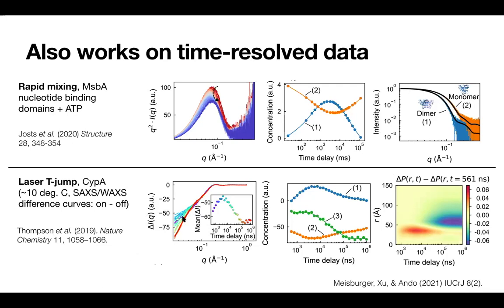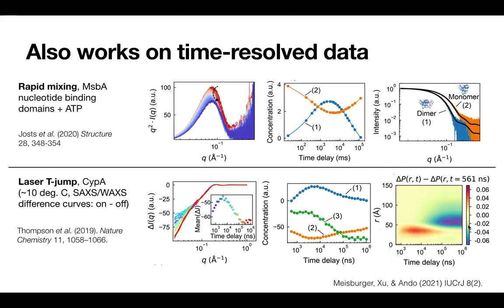And weirdly, the scattering from difference profiles happens to be negative in this case. But we are able to analyze this data set using 3 components. The physical meaning of these components isn't entirely clear, but one thing that it did allow is that we were able to reconstruct the time evolution of the P of R function. And from that, we can get some more intuition.